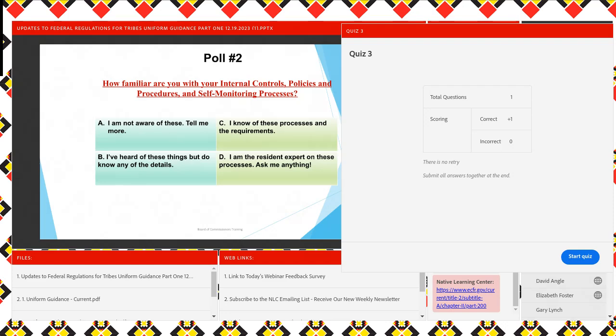Another poll. Before we get into D, let's slow things down for a minute and talk about internal controls, policies and procedures. We know from what I alluded to before that internal controls are considerably important. How familiar are you with internal controls, policies and procedures, and what's called the self-monitoring process, aka internal controls?